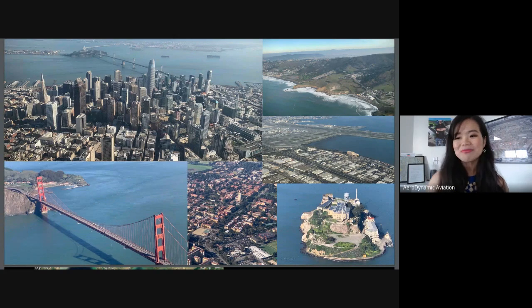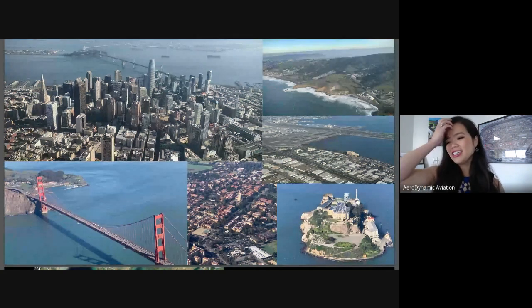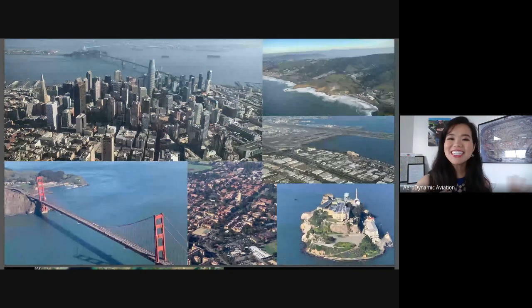Feel free to engage. These are some of the most beautiful sights that I've seen on my Bay Tour. Chris and I together have done hundreds of Bay Tours with lots of different students, with lots of different pilots. I love flying towards San Francisco City, watching the city come into view. Sometimes there's fog that goes over.